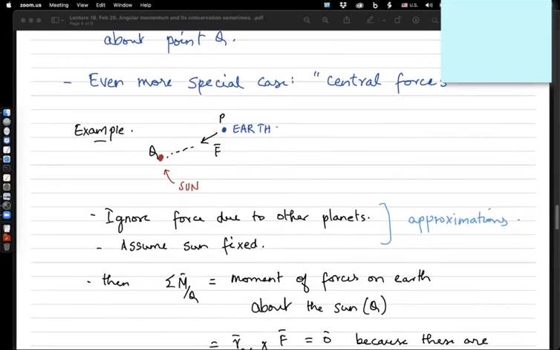Okay. So if we take a look, the sun is fixed, let's say, and the sun is pulling on the Earth with some force, F. And this force is going to be toward the sun, right?